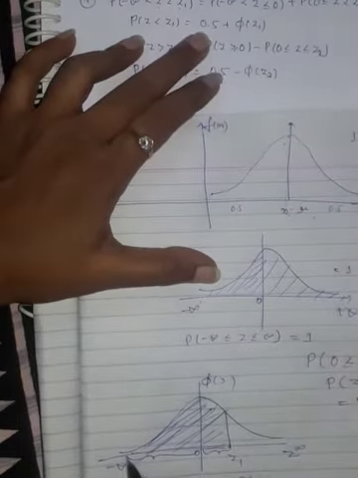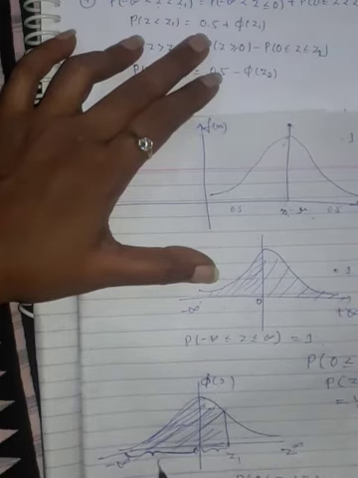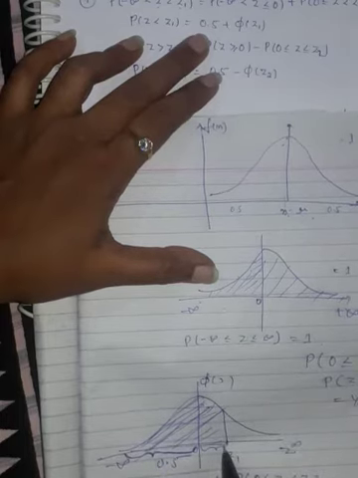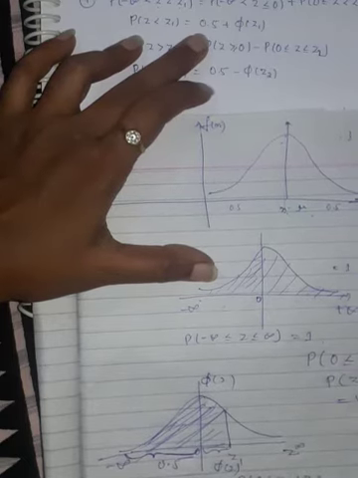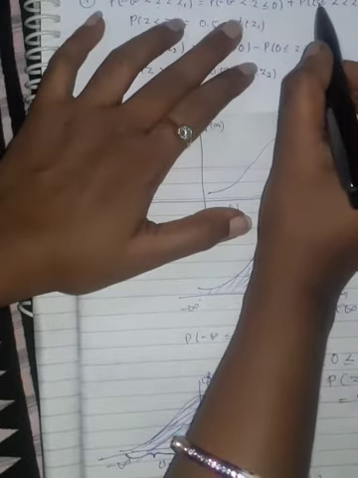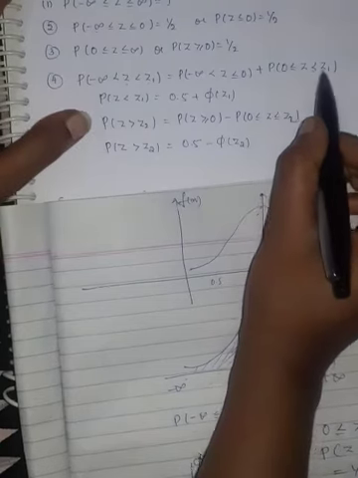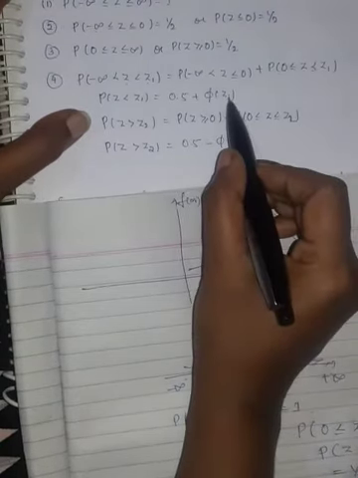So as we know, the area from minus infinity to 0 is nothing but 0.5. And probability from 0 to z1 can also be written as pi of z1. Keep in mind the notation that probability from 0 to some point z1 can also be written as pi of z1.